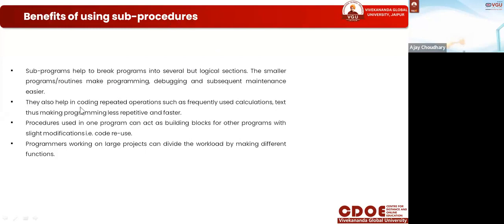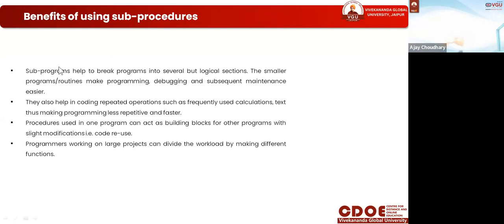They also help us in coding repeated operations, like when we need to write more programs with the same kind of structure, more sentences in the same types of use. So we write a subprogram for that. For example, we may want to calculate the sum, the average, or the percentage.